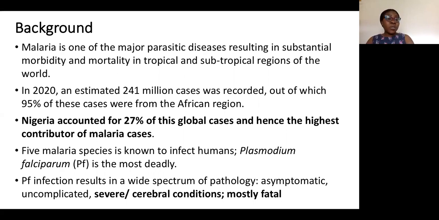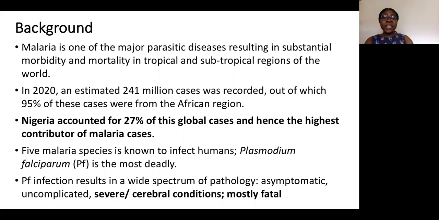In 2020 alone, the World Health Organization estimated about 241 million cases of malaria. Of these, 95% were from the African region. It goes to show the burden of this infection in Africa.